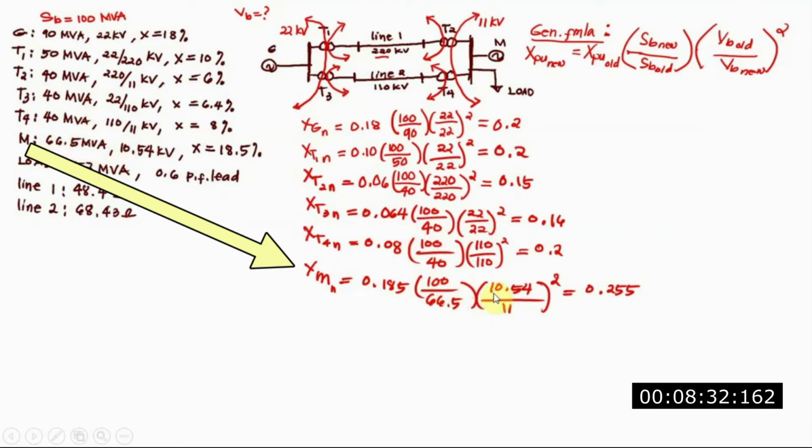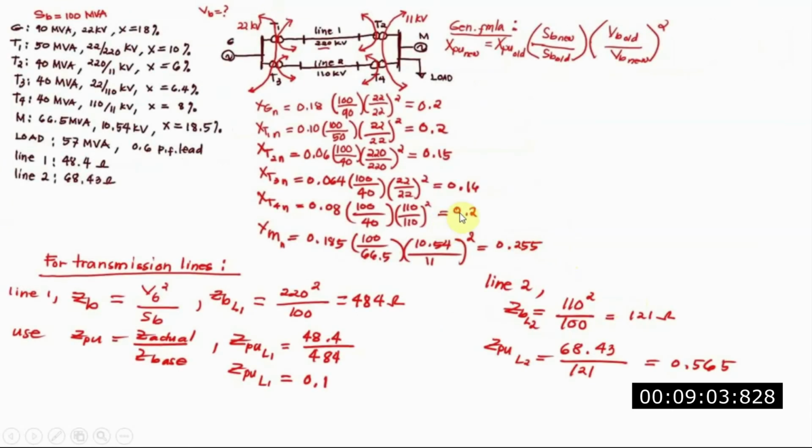And for the voltage, the old is 10.54, and the new voltage, which we have chosen for our base new, is 11 kV, so we divide it by 11 kV squared. If you perform the operation here, you'll get 0.255. That will be the new per unit X of your motor.